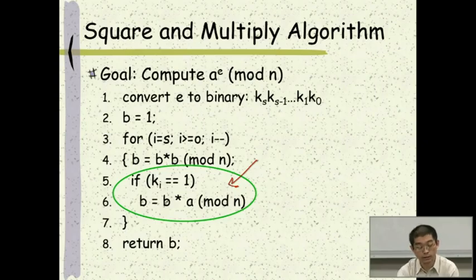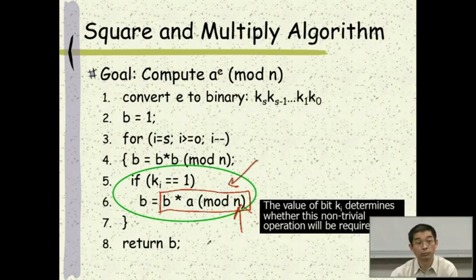And this operation is a multiplication and a modular. We mentioned that the key size, the size of n, and all these numbers for RSA, for Diffie-Hellman, are all large numbers. So this will be a non-trivial operation here. Okay? And this operation is only going to be done when the key bit is equal to 1.